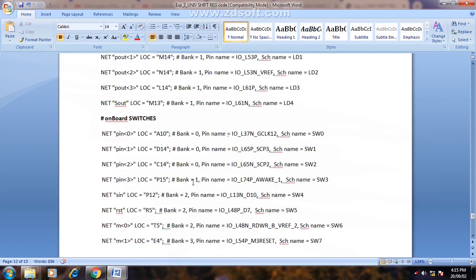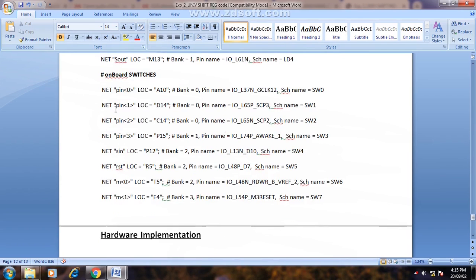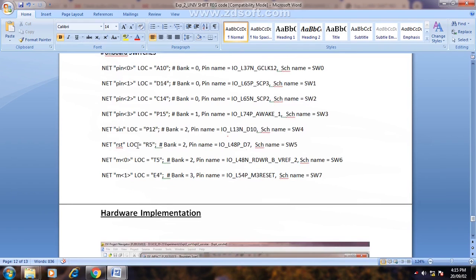Now for input we need to assign switches. For parallel input, P in of 0, P in of 1, P in of 2 and P in of 3, A10, D14, C14 and P15 are assigned. Similarly for S in, we have assigned P12. We have one more input, reset, for which pin R5 is assigned.